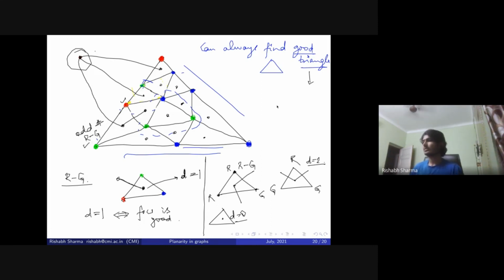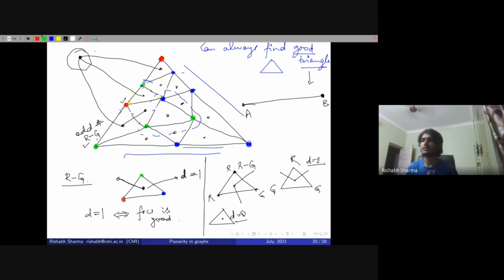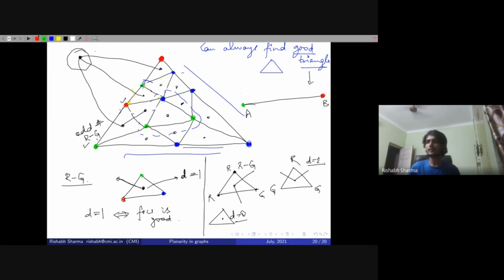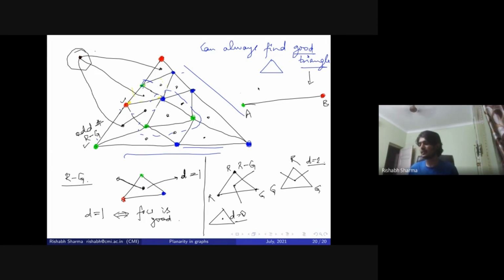Why? Because you're starting on a line. You have to go from point A to point B. Point A is green in color, and point B is red in color, and you're traversing from A to B. On the way there are other vertices which are either green or red colored.